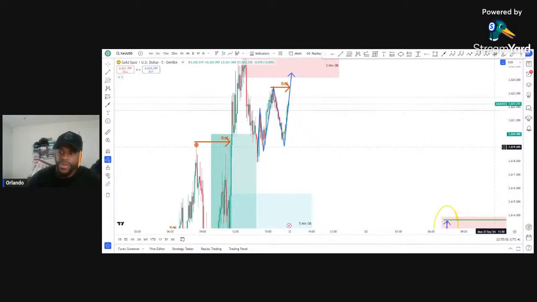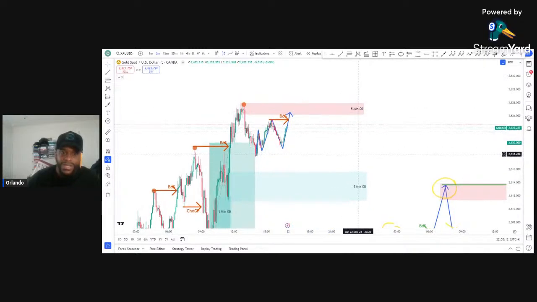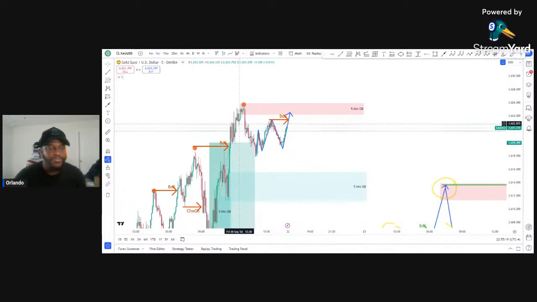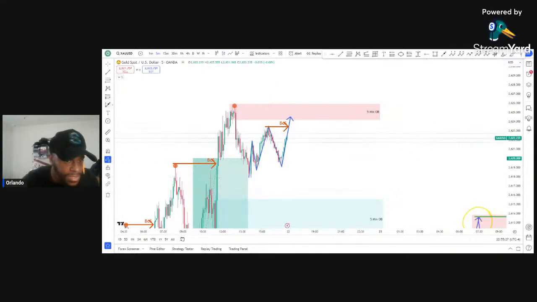So guess what? We have to be super cognizant that, okay, cool. We have a demand zone down here that's unmitigated. We got a supply zone that's right here unmitigated. Now, remember, price has diverged and changed character. This may be one that wants to go back to mitigate the supply zone that caused the change of character, right? Because this right here is a change of character, okay?